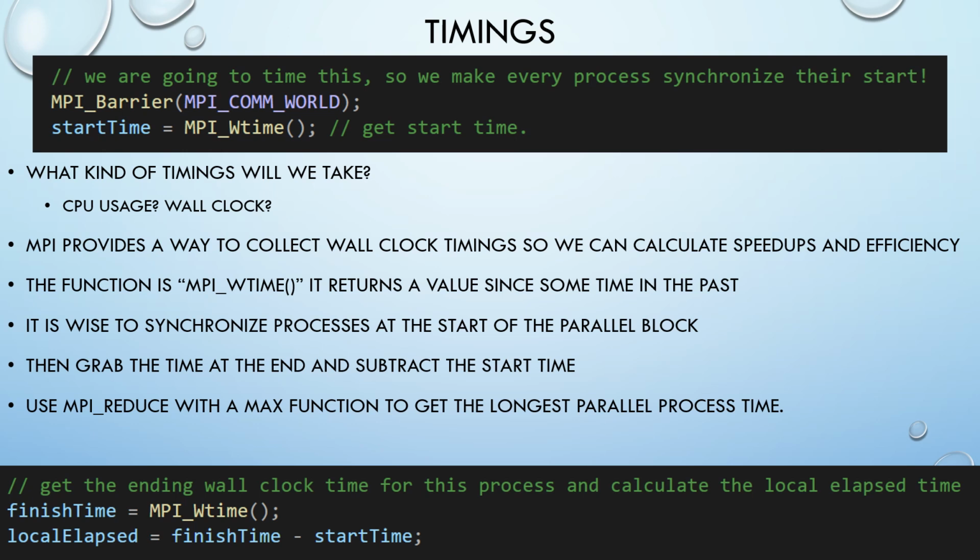And speaking of timings, let's look at how we would take timings from a parallel performance. Now, when we do parallel performance timings, one of the big questions is, should you measure wall clock? Should you measure CPU time? If you think about it, CPU time is kind of pointless, because if you distribute the work among 20 processors and then you add all that work back up again, well, it's going to equal the amount of work plus some overhead.